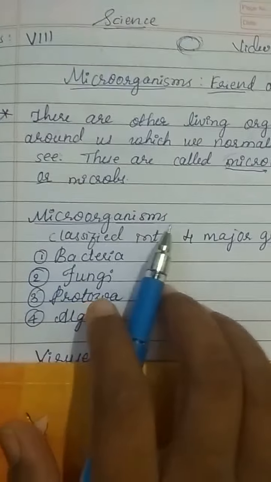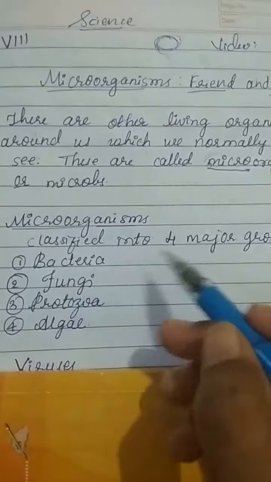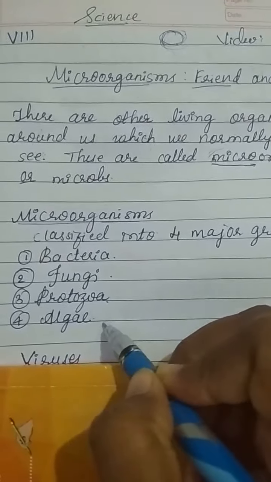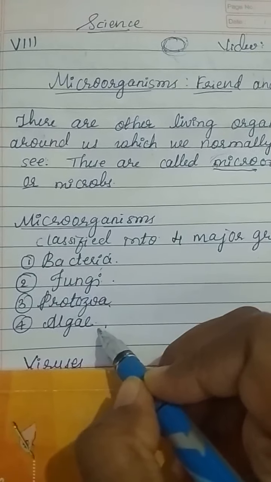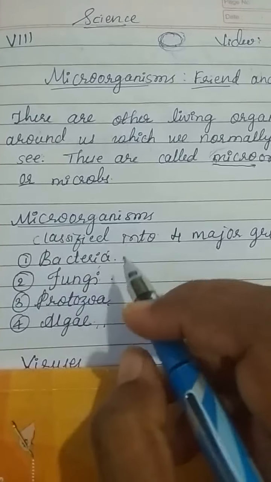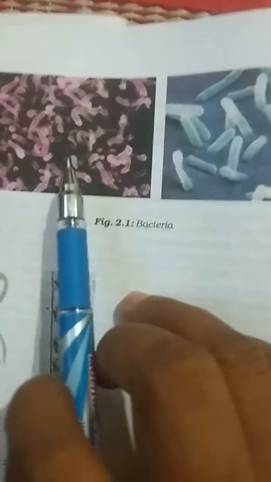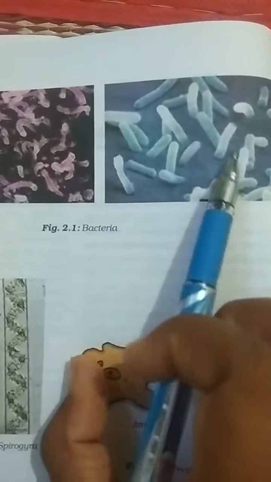Microorganisms are classified into 4 major groups. It is very important: bacteria, fungi, protozoa, algae. These are 4 types of microorganisms. I'll show you some common microorganisms here. Observe carefully. It is there in your textbook. These are bacteria.